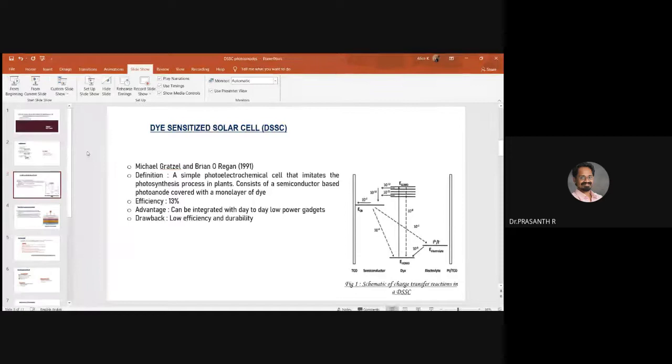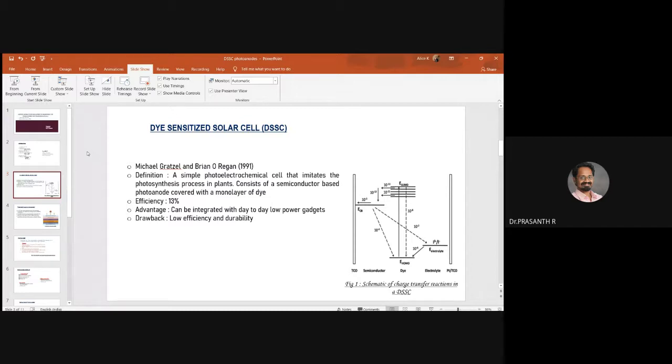As already discussed, DSSC is a simple photoelectrochemical cell that imitates the photosynthesis process in plants. It consists of a semiconductor based photoanode covered with a monolayer of dye. Here, dye is nothing but a photoactive material and it can produce electricity once it is sensitized by light.